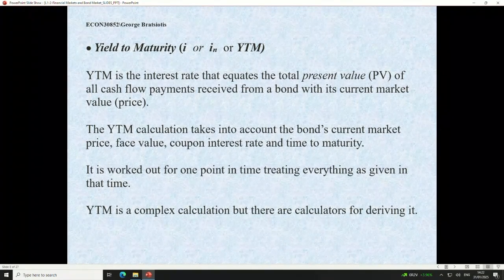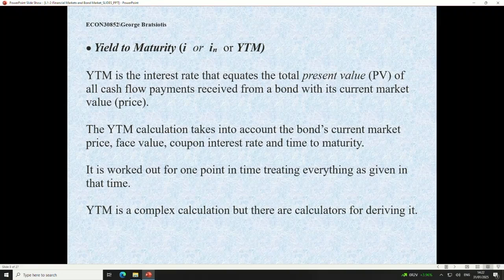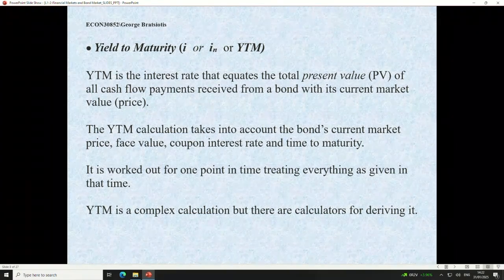So, it's worked out for one point in time, treating everything as given in that time. The yield to maturity, I know those who are not familiar with it are thinking that sounds really hard, right? And it is hard. And this is why you don't work it out by hand. You need a calculator, which is a specific yield calculator.